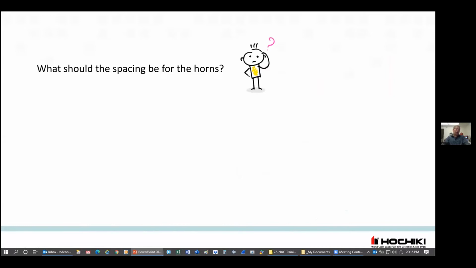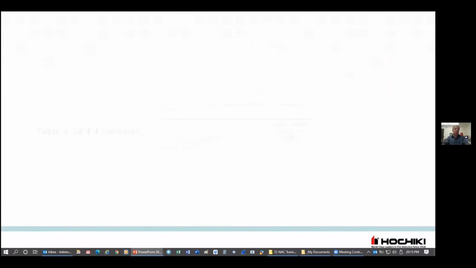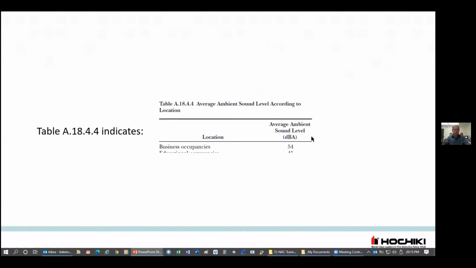Now, how do I know how to space the horns? If we look back at the table, it tells us that a business occupancy is typically 54 dB, and we know that we need to be 15 dB above 54. So if we add 15 and 54, we need to have at least 69 decibels throughout the protected space.